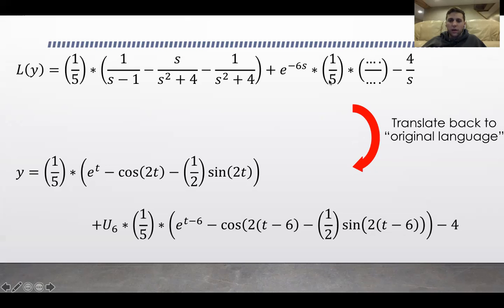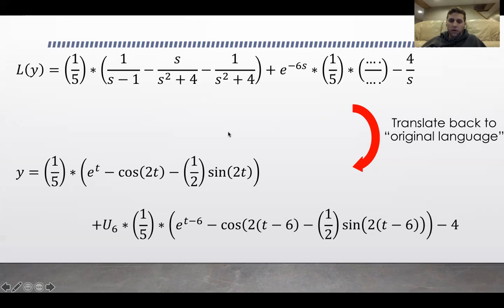And then for the second part of this, the e to the negative 6s tells us unit step function starting at 6. The 1/5 just comes along. And then we're going to have the exact same equations here as we did over here, because this term and this term were exactly the same.